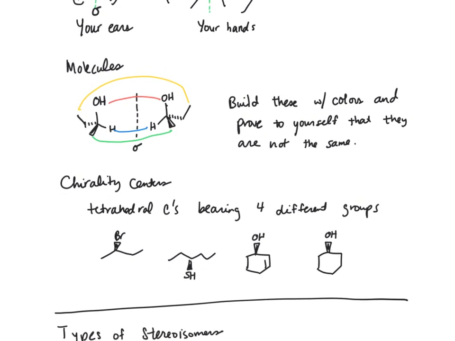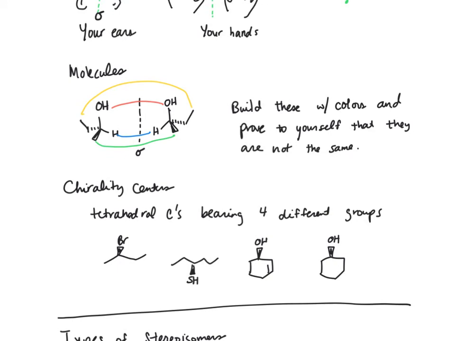A chirality center is a tetrahedral carbon atom that is bearing 4 different substituents. For example, in the first molecule, we have a hydrogen atom that's not shown, for a total of 1, 2, 3, 4 different groups around the carbon containing the bromine atom. It does not matter that there's a carbon here and a carbon here.